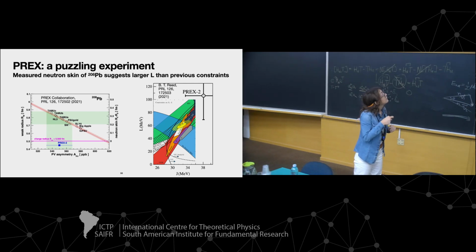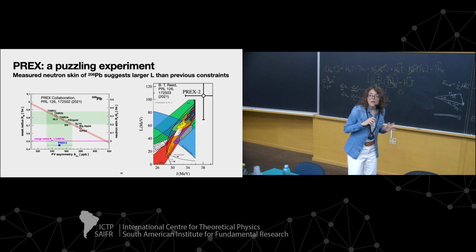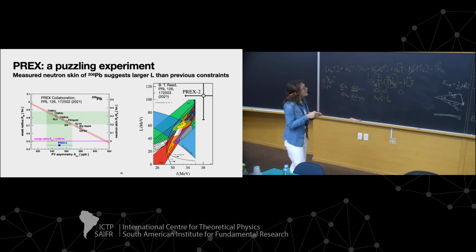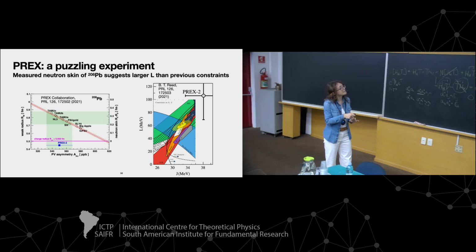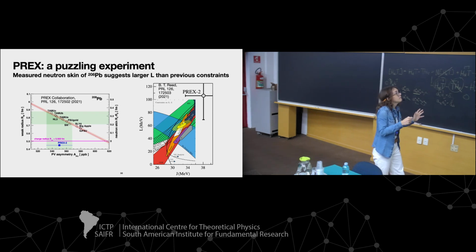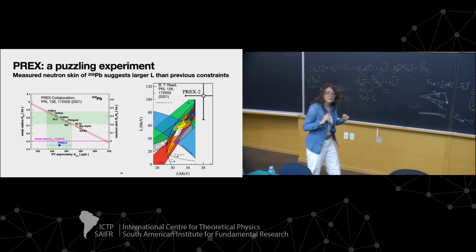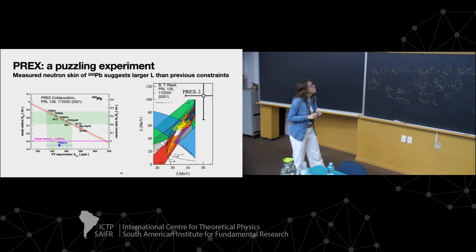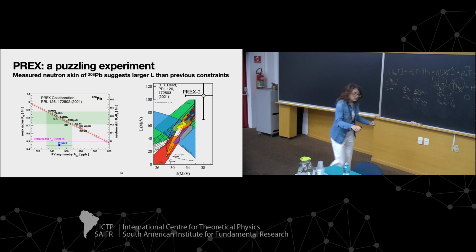Here, the central value is around 100 MeV. However, it's important to take into account that this prediction is only given by this experiment. Also, it has big uncertainties. And if we look at other constraints coming from different sources, we have a mild tension. This is what we can say. Okay.